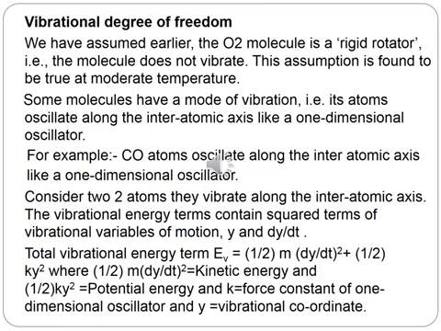Then the total vibrational energy term EV is equal to 1 by 2 m dy by dt whole square plus 1 by 2 k y square, where 1 by 2 m dy by dt whole square is the kinetic energy and 1 by 2 k y square is the potential energy. Here k is the force constant of the one-dimensional oscillator and y is the vibrational coordinate.